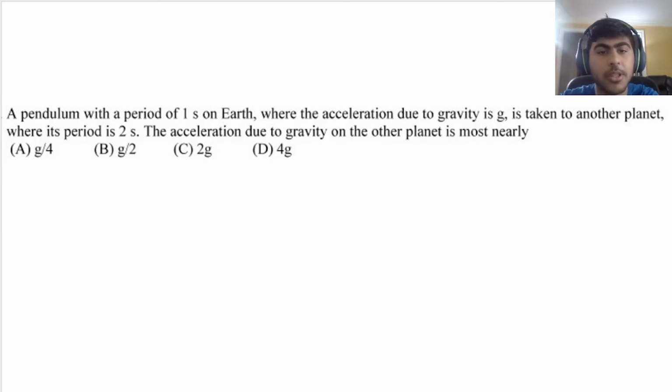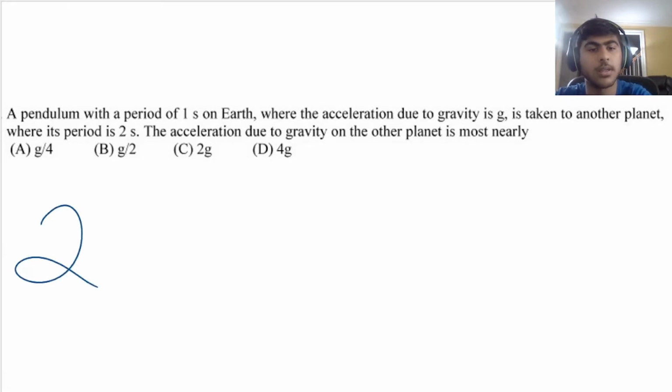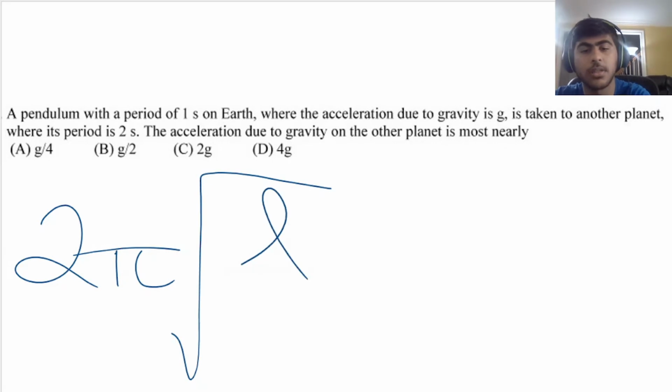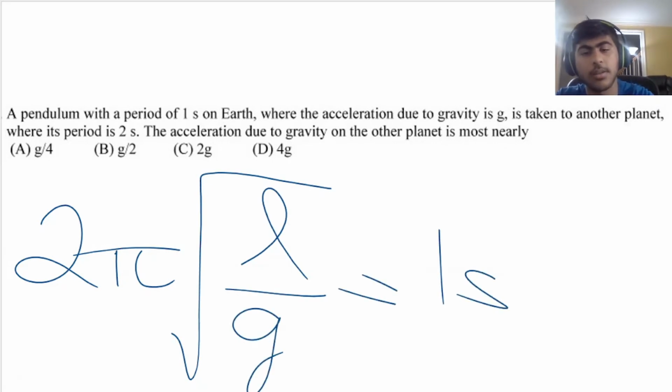A pendulum with a period of 1 second on Earth, where the acceleration due to gravity is g, is taken to another planet where its period is 2 seconds. The acceleration due to gravity on the other planet is most nearly what? Well, the period is this, and apparently that equals 1 second.